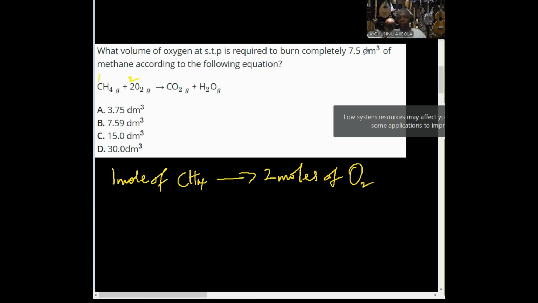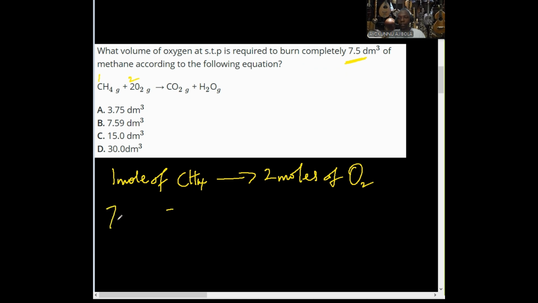So if you're talking about 7.5 dm cube of methane, that will be times 2, because 1 times 2 is 2.